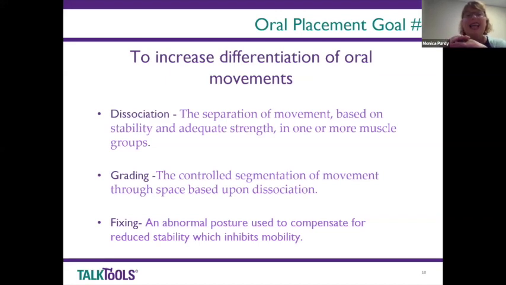Then my tongue is able to grade because it has been practicing and it has the strength to move up and down really quickly. When we are speaking in conversation, our tongue is stabilizing on our top teeth and our tongue tip is moving with rapid precision in order to make our speech clear. So grading is something that we will be going into and looking more in depth at. It's also something that we will look at exercises that help with graded movement.